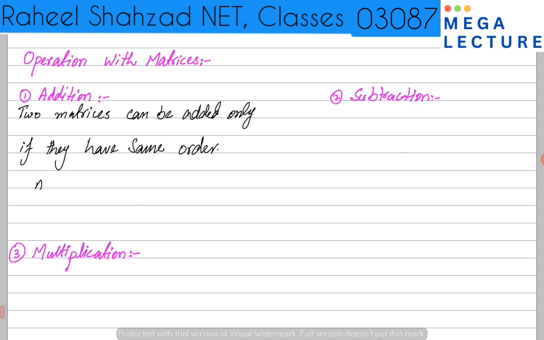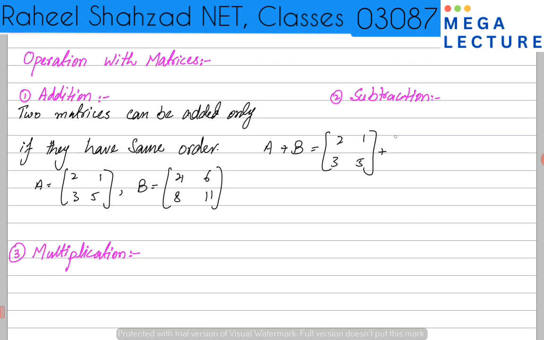For example, if we have a matrix A as 2 1 3 5 and B is the matrix 4 6 8 11, and you want to find A plus B, that is 2 1 3 5 plus 4 6 8 11.